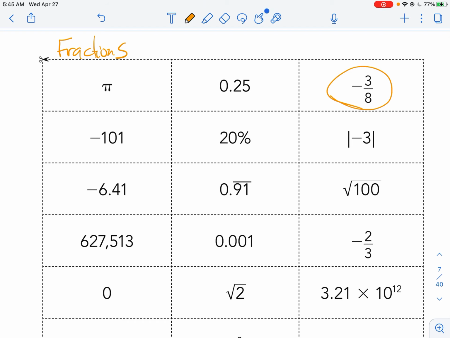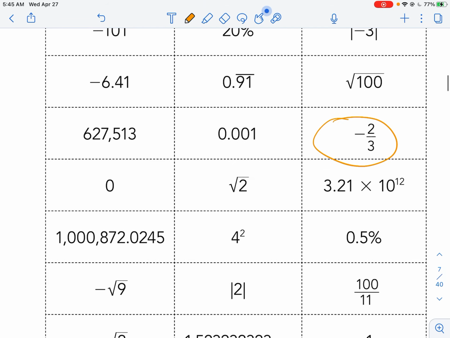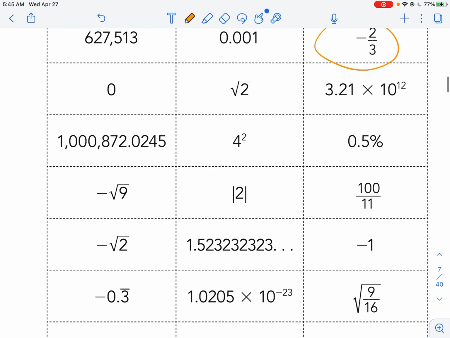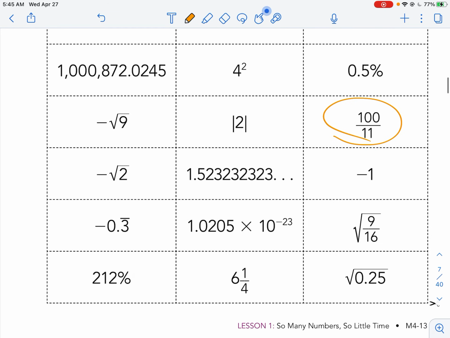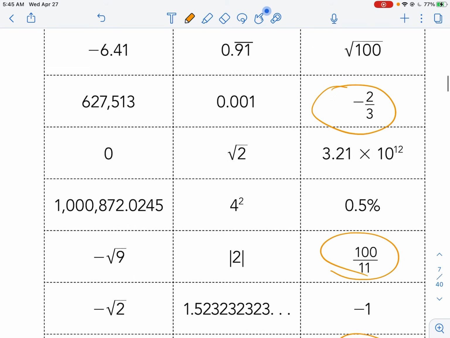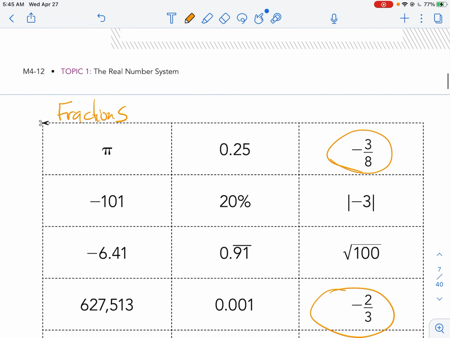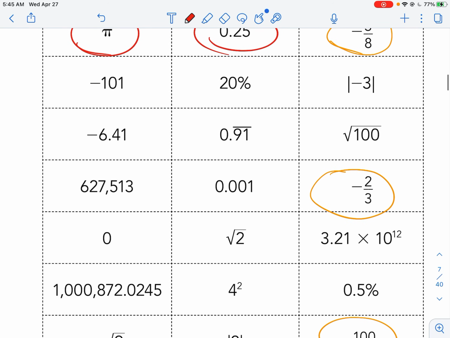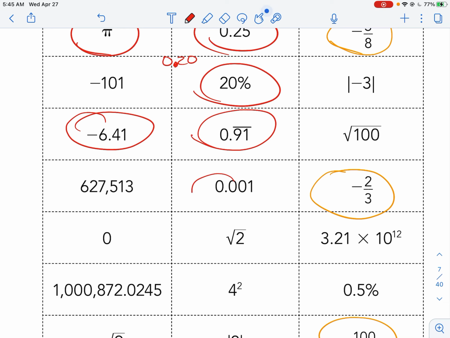Fraction, fraction, fraction, fraction, fraction. Okay, so those were my fractions. And then they said decimals. Decimal, decimal, decimal, because remember, this is 0.2. Decimal, decimal, decimal.